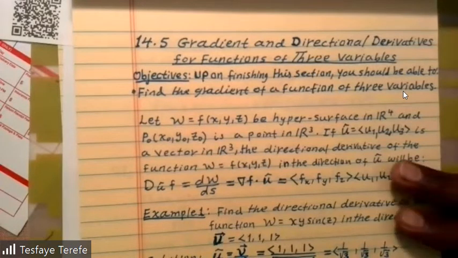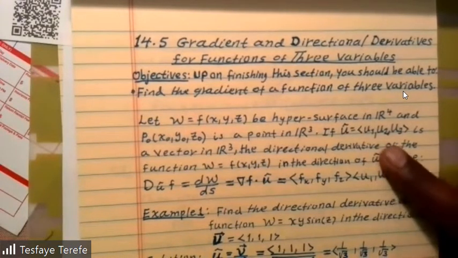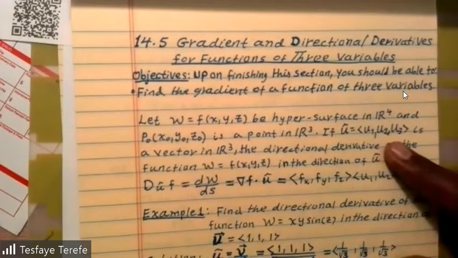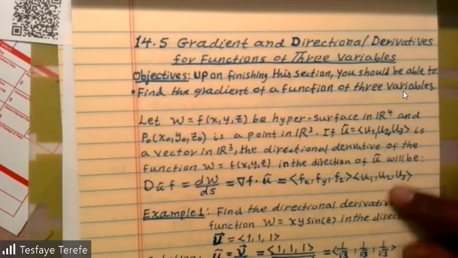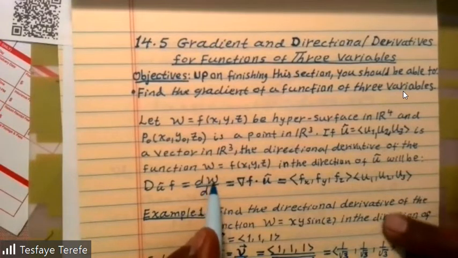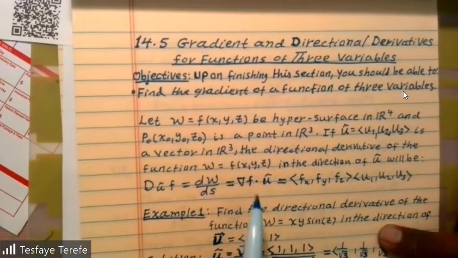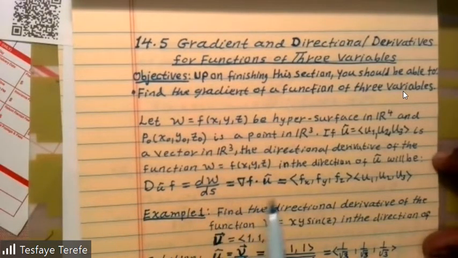So if the unit vector has components u sub 1, u sub 2, u sub 3, a vector in R3, the directional derivative of the function w, which is f of x, y, z, in the direction of u will be given by the gradient with 3 components and the unit vector with 3 components.